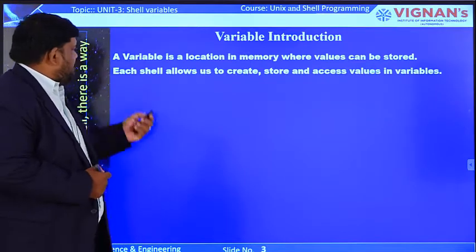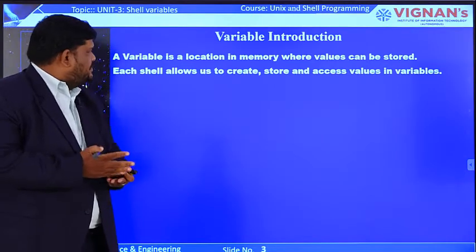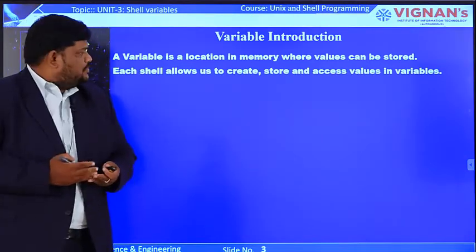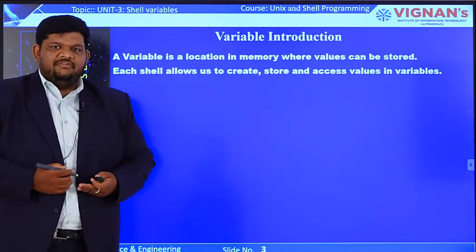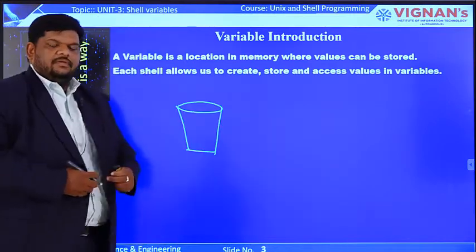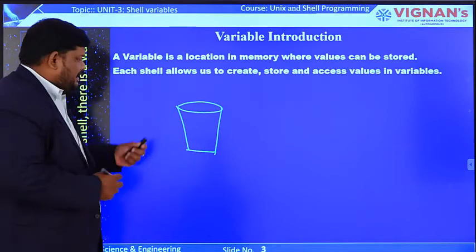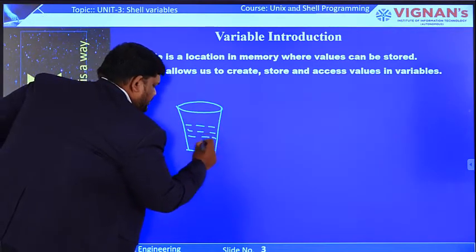Now, on variable introduction, let us first see the meaning of a variable. A variable is a location in memory where values can be stored. Each shell allows us to create, store and access values in variables. Consider this example. Assume one glass is filled with some water.